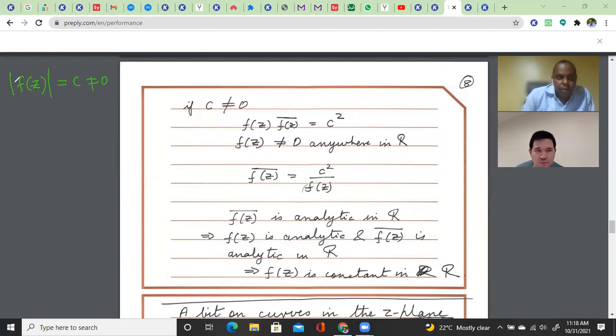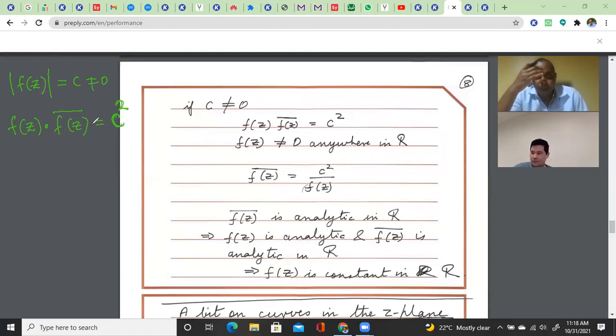You know, the modulus of a complex function is related to that function multiplied by its conjugate. If that modulus equals c, then these two are going to give you c squared, because the length of f of z is going to be equal to the length of f of z bar. They are going to have the same length. I didn't get it.